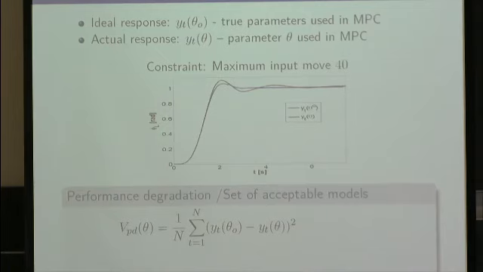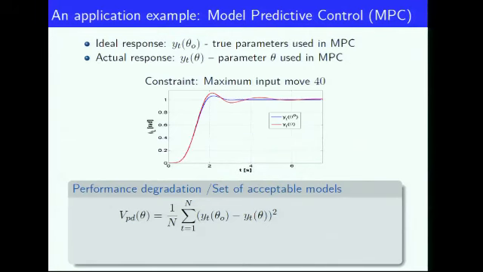But this is just an example, so it could be anything. So I measure the quality of the model parameters by the degradation in performance I obtain as compared to if I would be able to use the true system in my application. So that's the key point here.